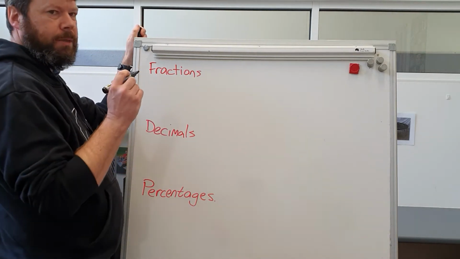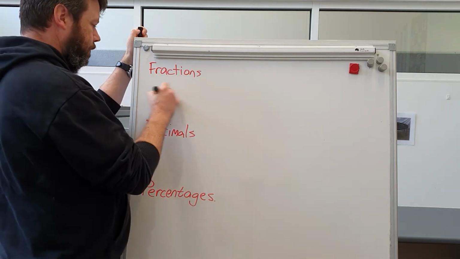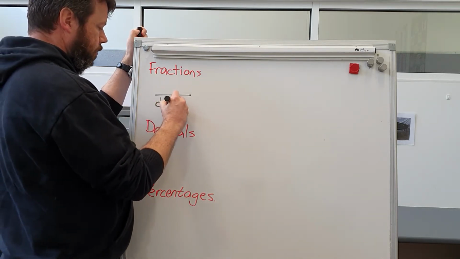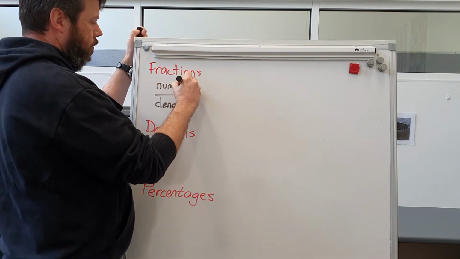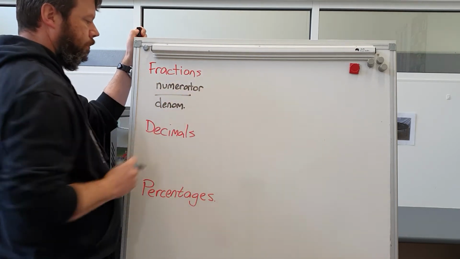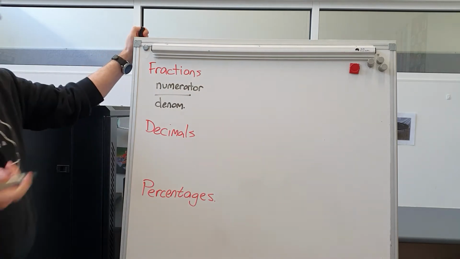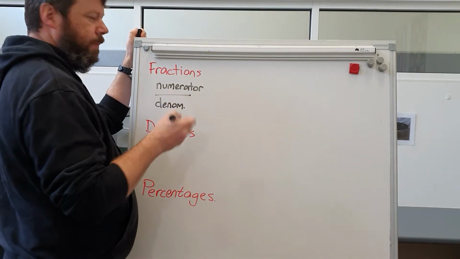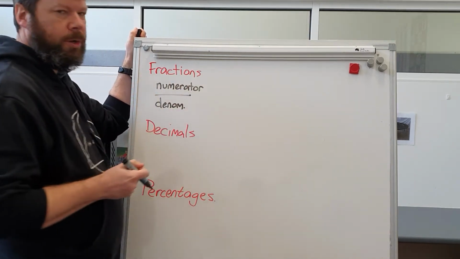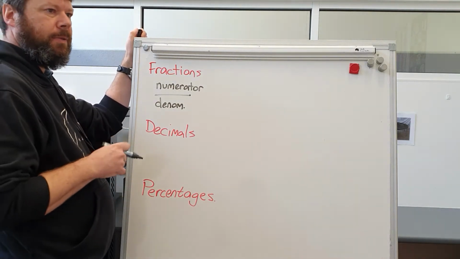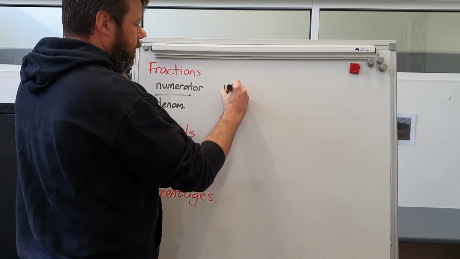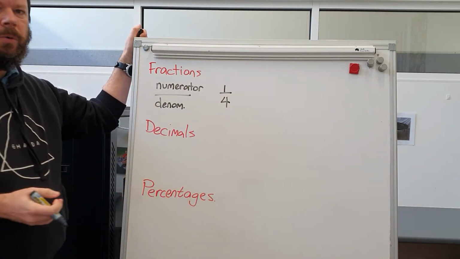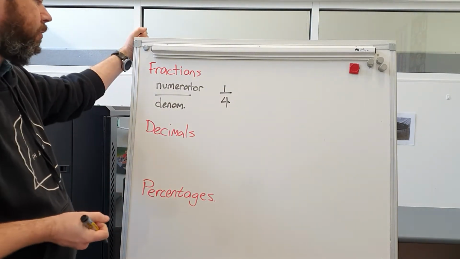A denominator, which is the bottom number, and the numerator. Now the numerator tells you how many parts you have. The denominator tells you how many parts there are in one whole thing. So if I had 1/4, that would be one slice of a pizza that's been cut into 4 slices.